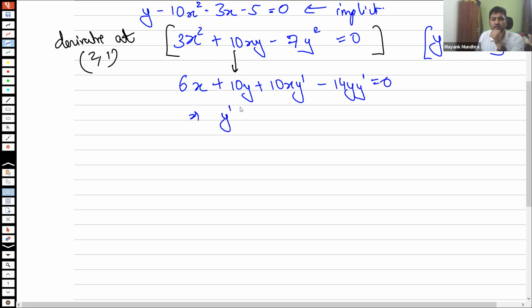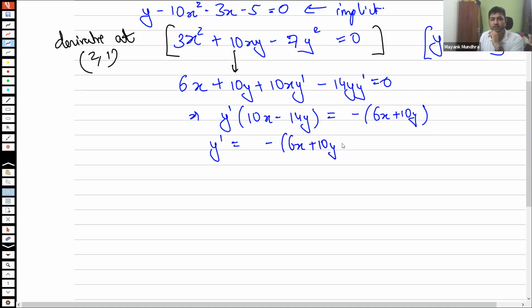So this implies that y prime times 10x minus 14y equals negative of 6x plus 10y. So y prime must be equal to negative of 6x plus 10y divided by 10x minus 14y.